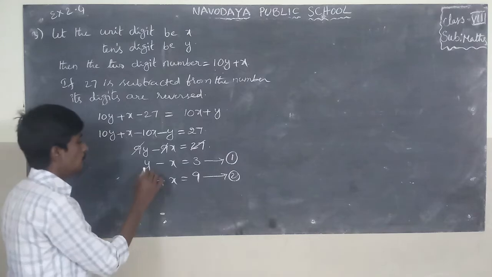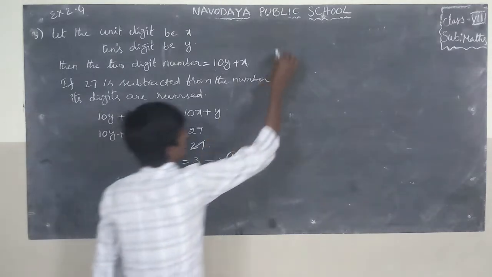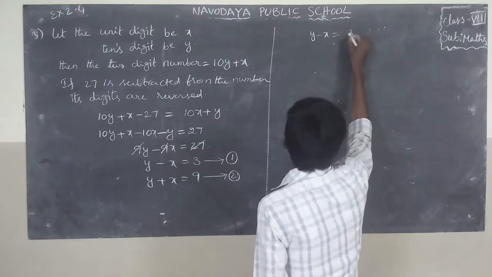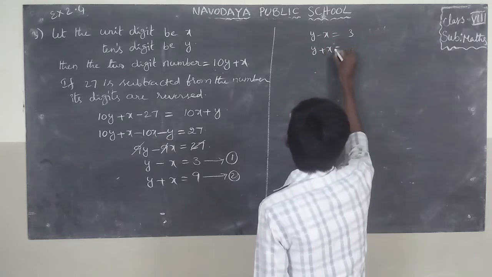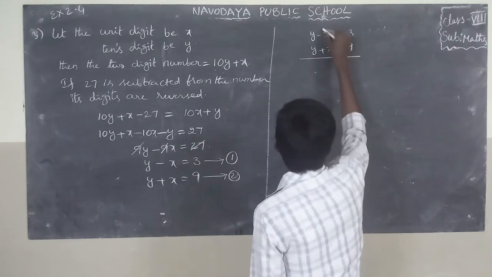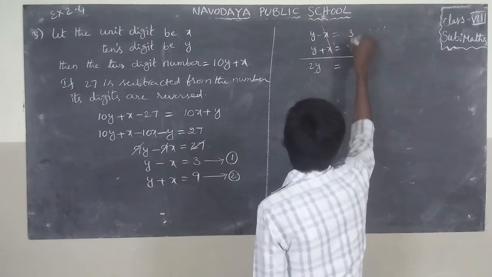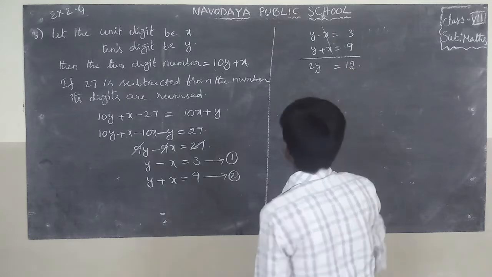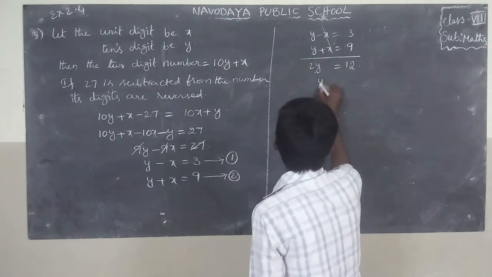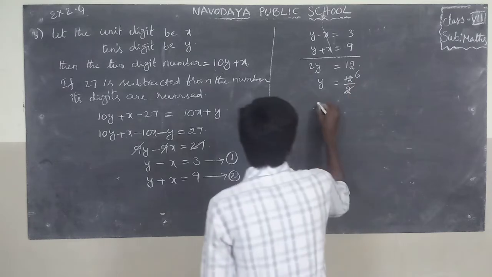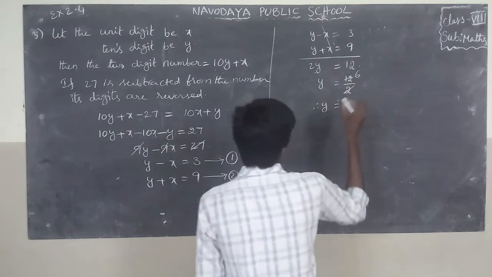Now, y minus x equals 3, y plus x equals 9. Adding: y plus y, 2y, the x terms cancel, equals 12. y equals 12 by 2, which is 6. Therefore y equals 6.